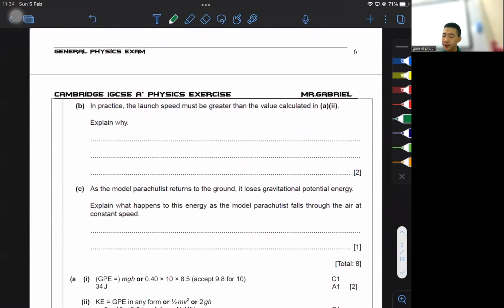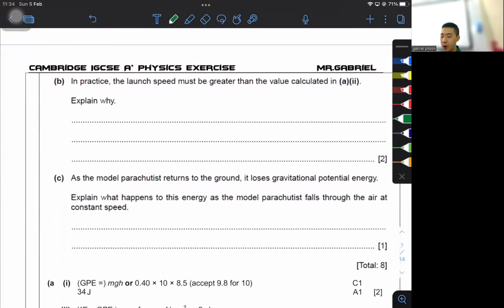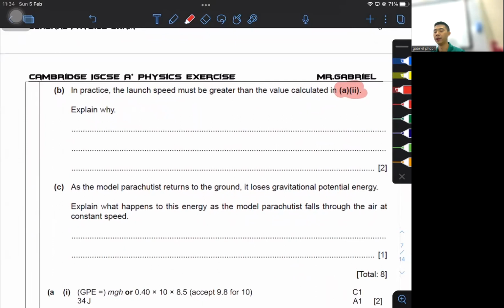Okay, then next. In practice, the launch speed must be greater than the value calculated in 2. They said that the real launch speed should be greater than in 2. Why? What's acting on the thing? Gravity and? Good.